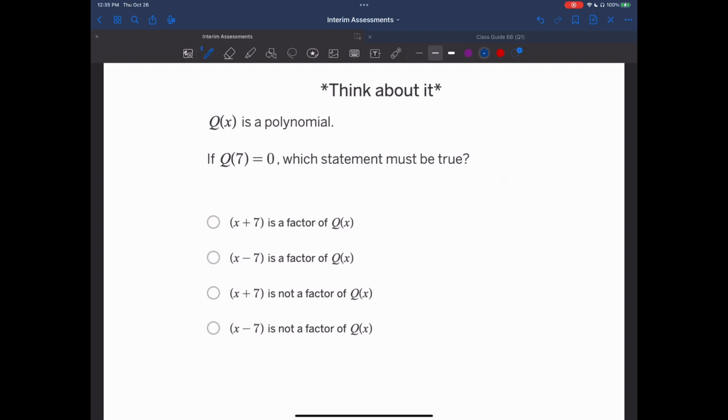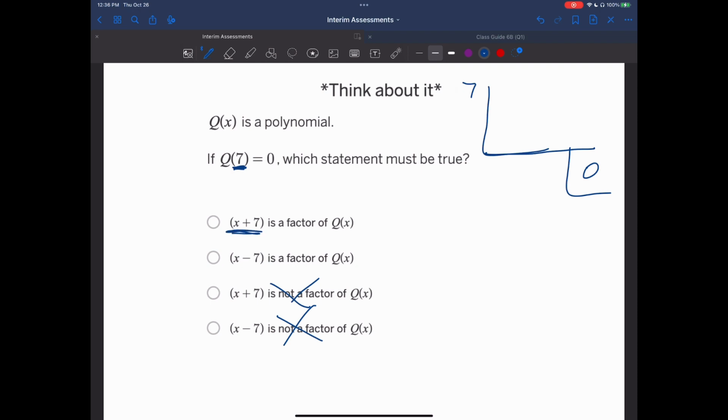So we don't know what the polynomial is, but we know when we did 7 on it, right? Like if we set this up, we did 7, we ended up with a remainder of 0. Think about what that has to mean. We know that a remainder of 0 means we have a factor. So I would cross out the ones that say not a factor, because if you get a remainder of 0, you definitely have a factor.